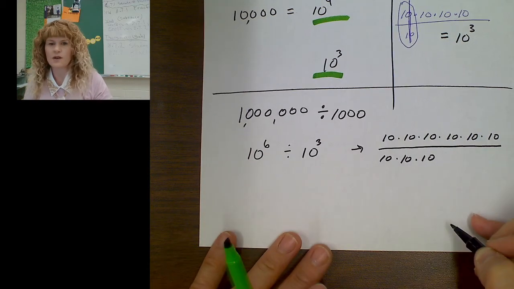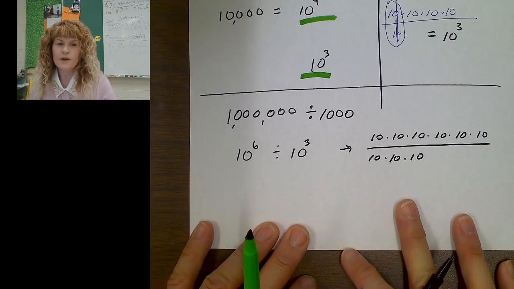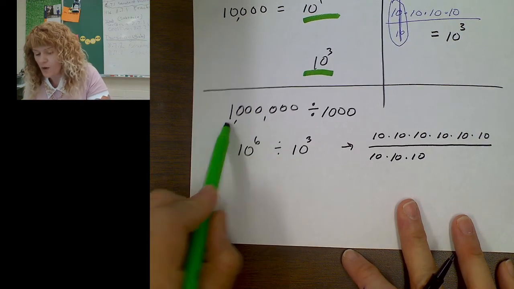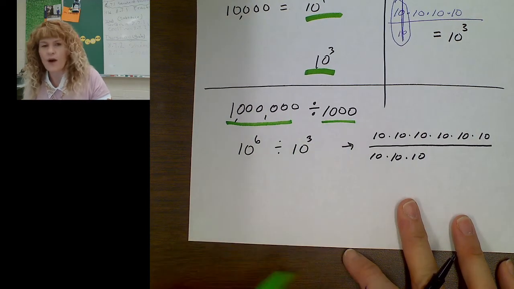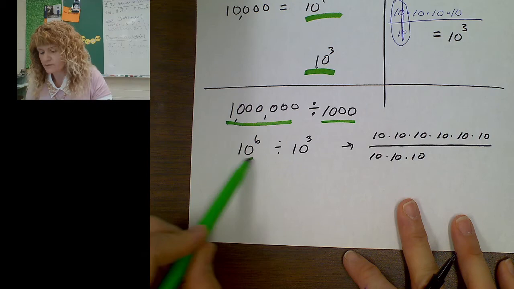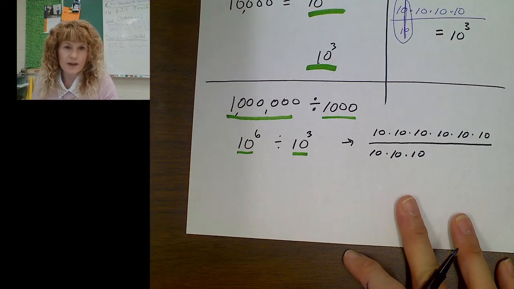Okay, pause the video, write this on your paper, and then I want you to get the answer. Remember, the answer is in standard form. So what is 1 million divided by 1,000? What is the answer? Okay, did you discuss it with another person?